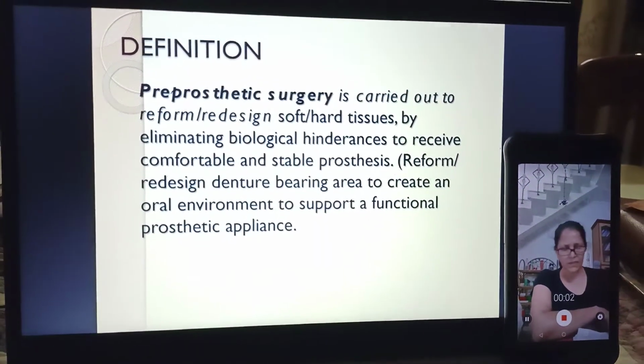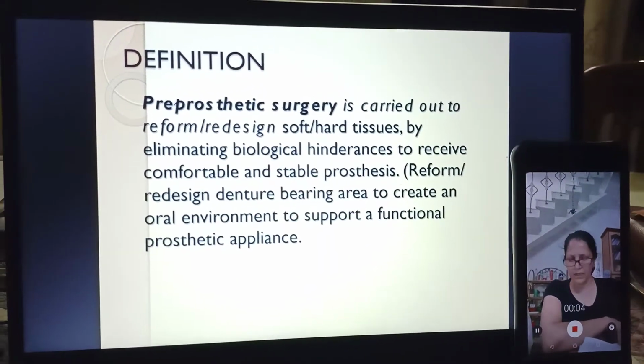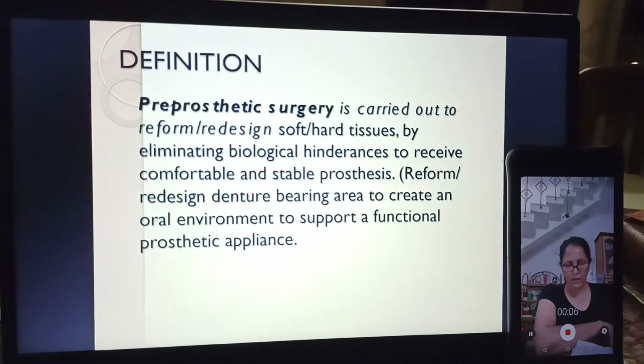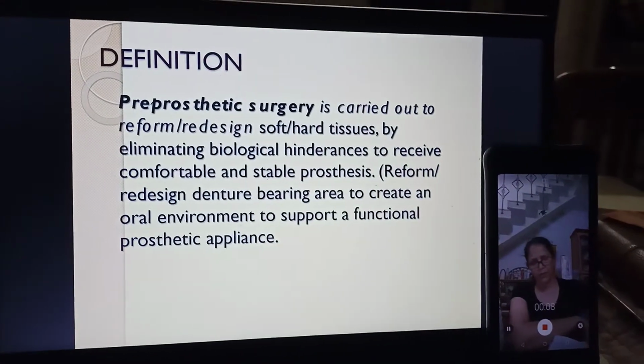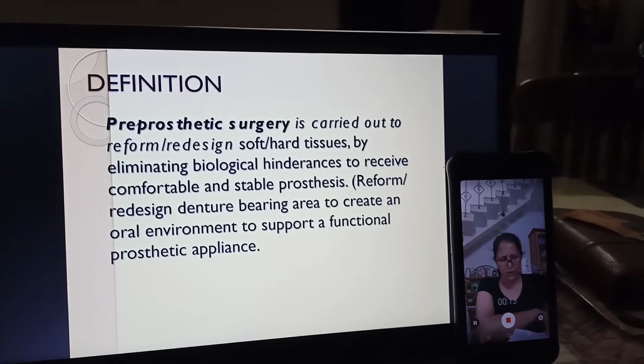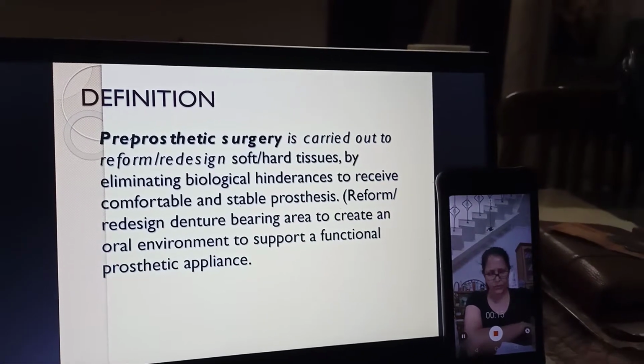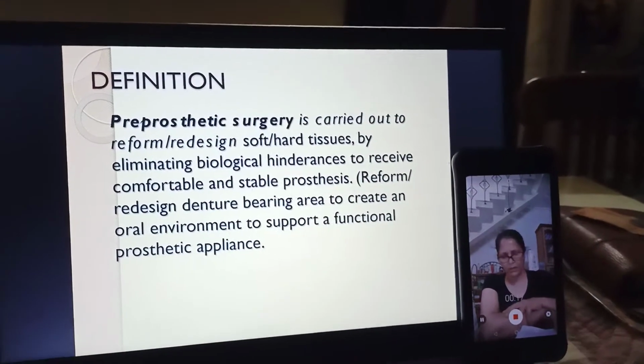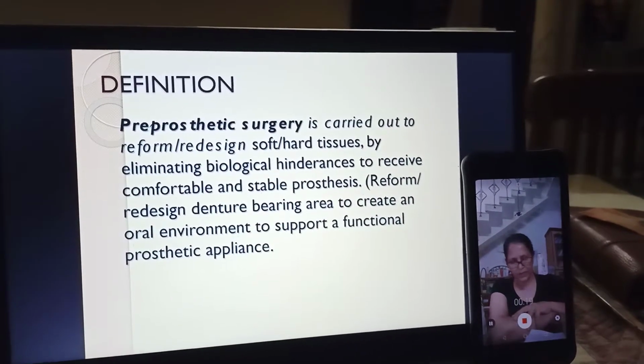What comprises denture bearing area? That is very important to know. Denture bearing area in both maxilla and mandible. There are soft tissue and hard tissues which are considered in denture bearing area.